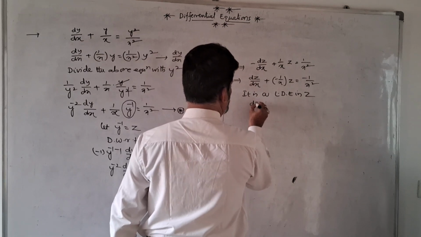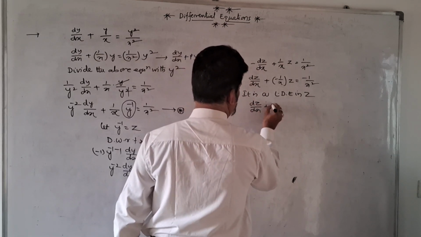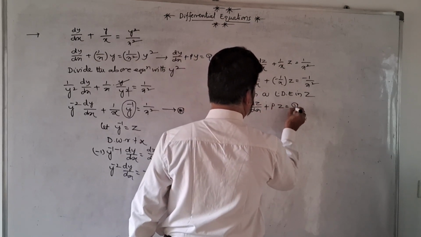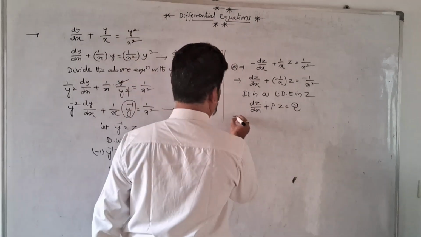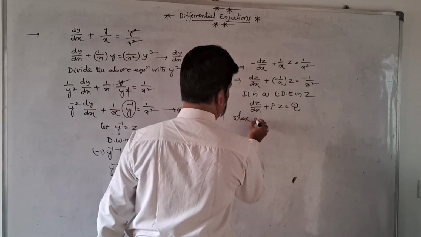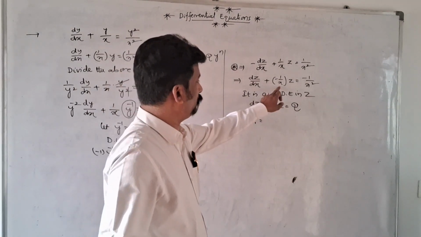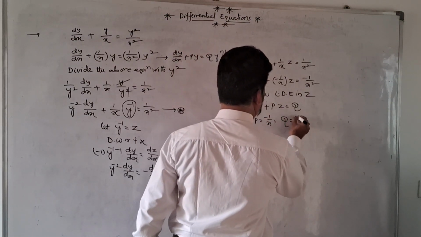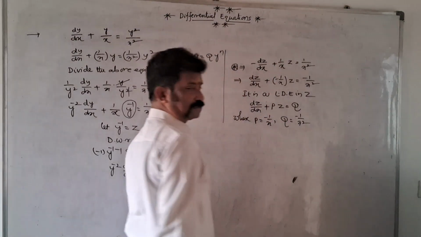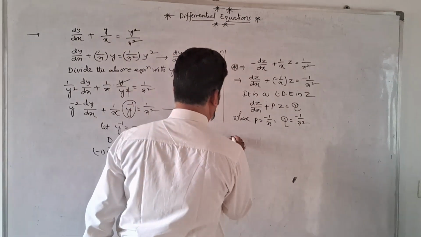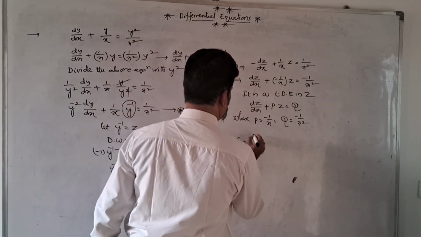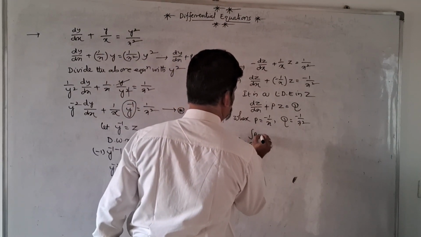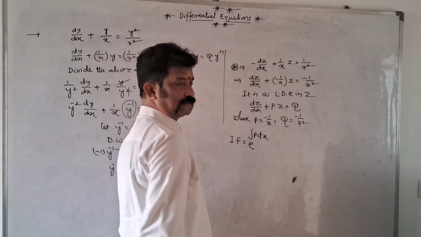That is dz/dx + Pz = Q, where P = -1/x and Q = -1/x². Now the integrating factor is e^(∫P dx), which is e^(∫-1/x dx).